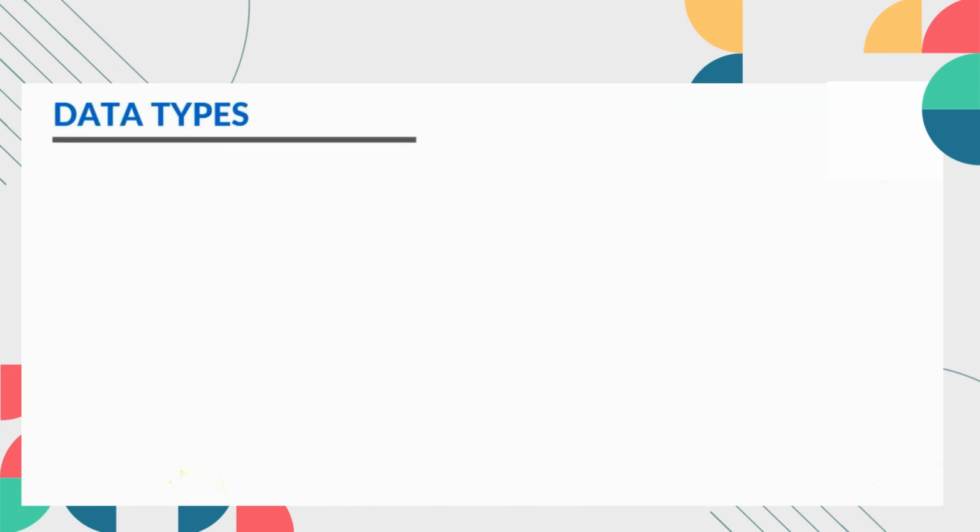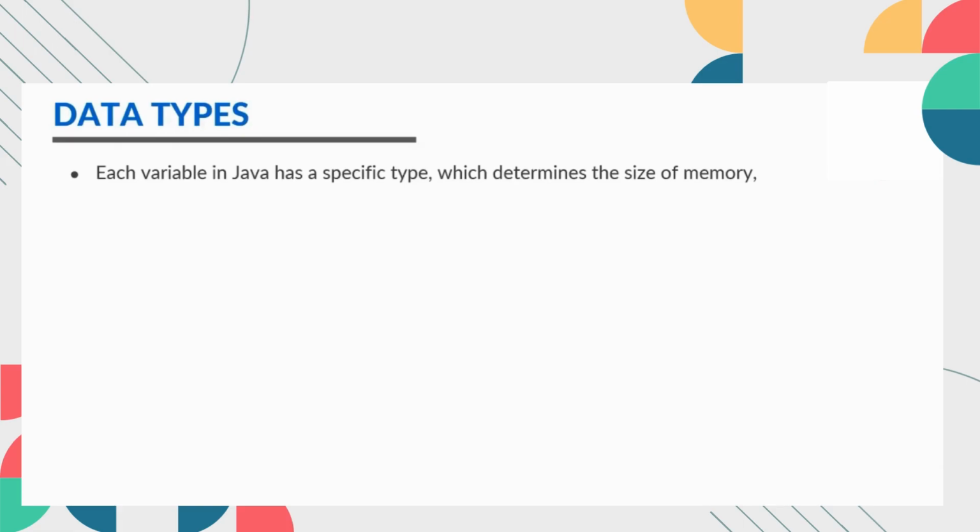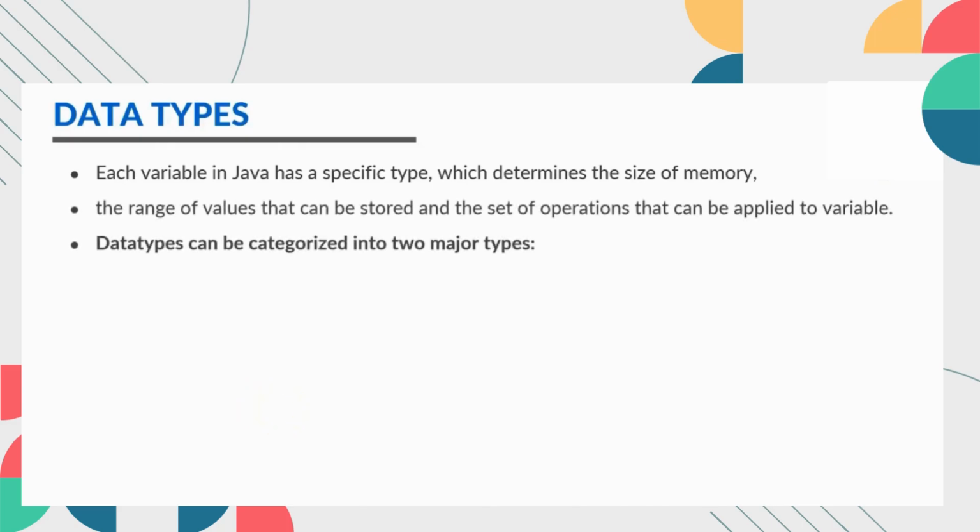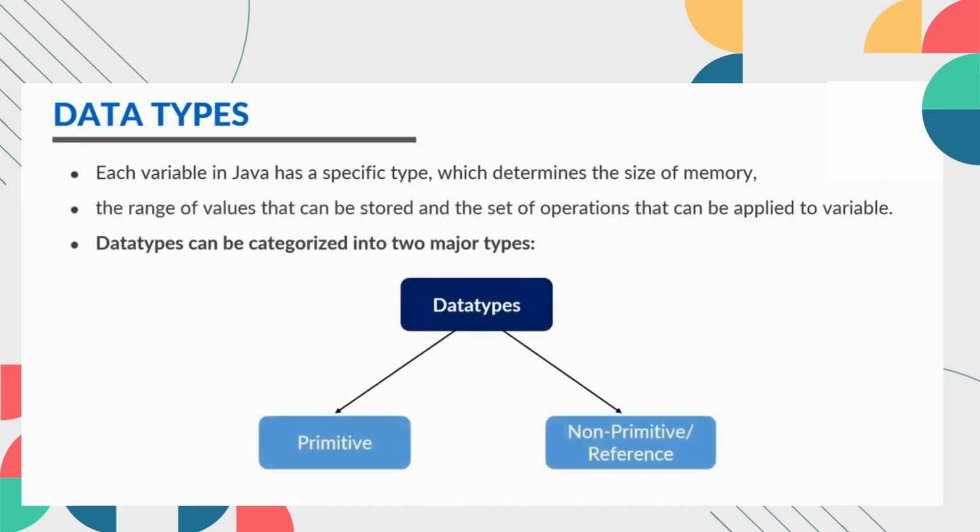Each variable in Java has a specific type, which tells you the size of memory that needs to be assigned for that particular variable. As I said, we have primitive data types and non-primitive data types. The primitive data types are those data types that are predefined in the Java programming language. They are directly used to store values inside them, and there are 8 primitive types.